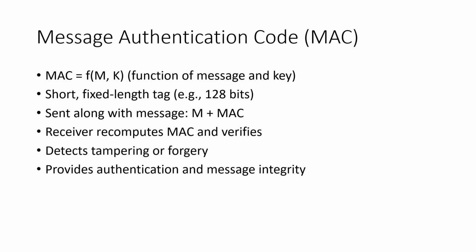So M plus MAC. When the receiver gets this, they compute the MAC again using their copy of the secret key and the message that they received. If the MAC they computed matches the one that was sent to them, the message is considered authentic and unaltered. Now, MACs are very fast and efficient, and they don't expose the key, but their security entirely depends on the secrecy of the key and the strength of the hash or the block cipher used to generate the tag.